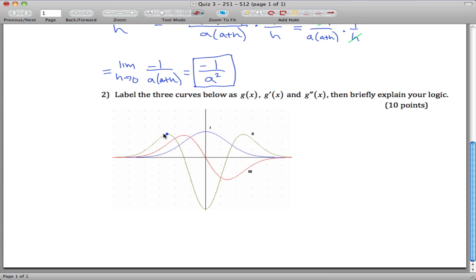The slope of the tangent line at this point is 0. But the height of curve 3 and the height of curve 1 are both not 0. In other words, neither curve 3 nor curve 1 is the derivative of curve 2.